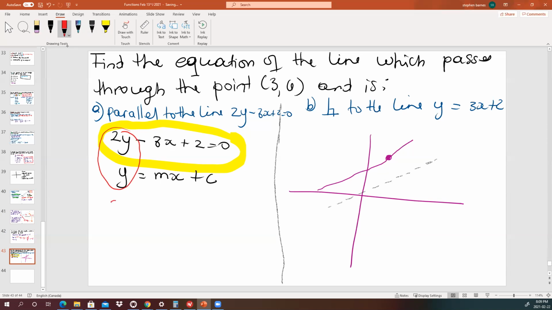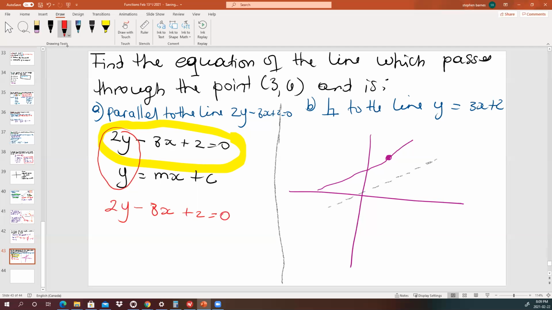I'm going to divide this initial equation that we got, 2y minus 8x plus 2 equals 0. Well, before I do that, I need to carry y across the equal sign because it's equal to 0 now, and I need to have it be equal to y.